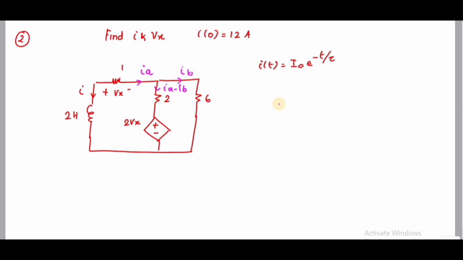So this is I naught, that is IA minus IB, and this is IB, right? So I'm going to replace the inductor by 1 volt voltage source, and I'm going to redraw the circuit again. After that I have to apply mesh rule.